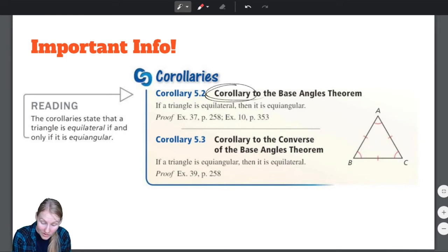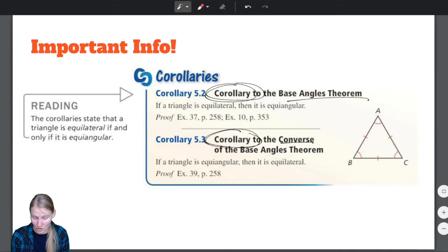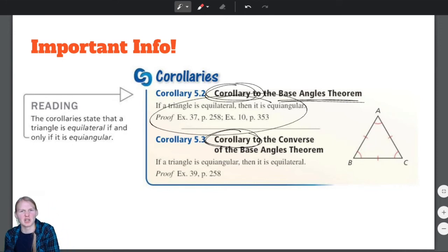A corollary to the base angles theorem and a corollary to the converse of the base angles theorem. Remember that corollary means that once you prove the base angles theorem, this theorem follows very easily. It's very similar to the base angles theorem.